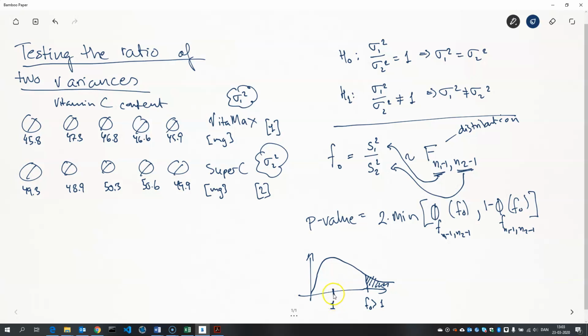One represents the most probable value of the test statistic. If the two variances are the same, then that would be the most probable. This area here around 1 is the most probable interval in which we would get a test statistic. So if they are equal, then anything that's to the right of this number is less likely to obtain than what we actually obtained. If the test statistic happens to be less than 1, let's say here, then we're interested in this area over here.